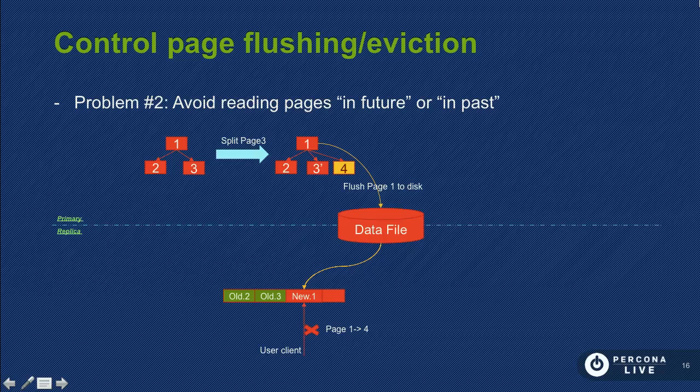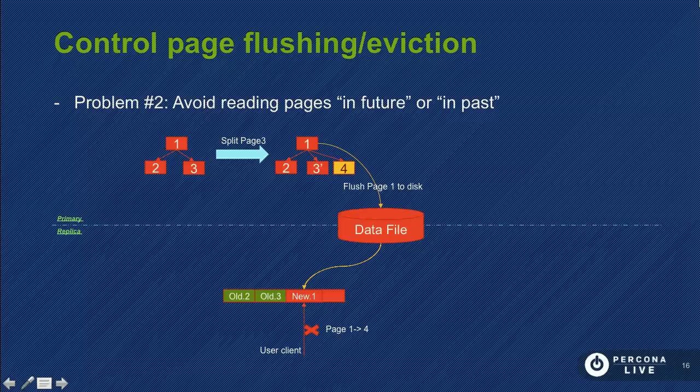The second problem is because B-tree is structured, we need to avoid reading pages in the future or in the past. So what does that mean? This is an example. After we insert some record to page 3, it may get full and then split into two pages. And after that, page 1 is updated and adds a new node pointer which points to page 4.